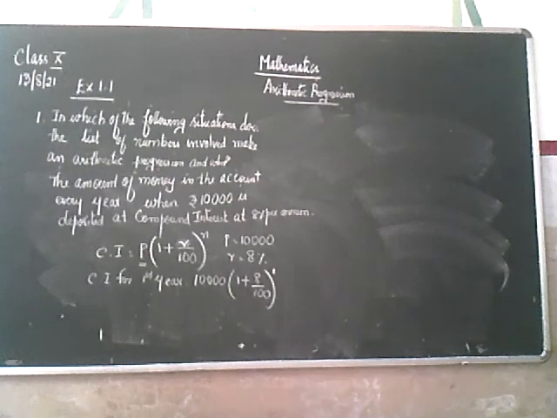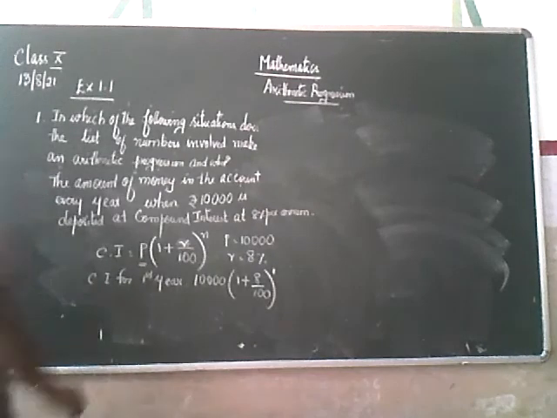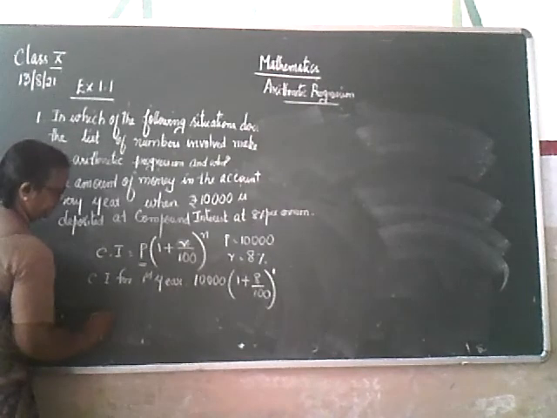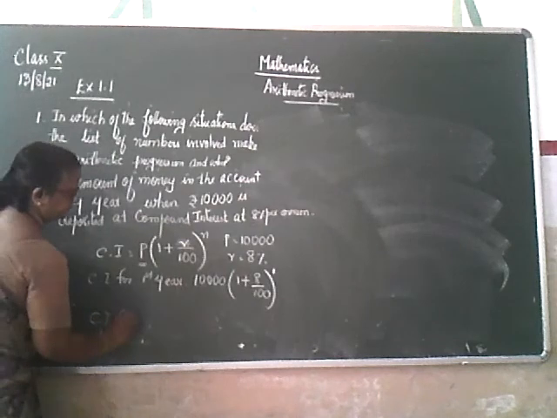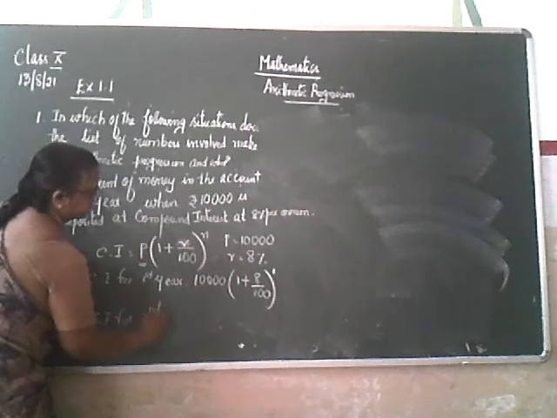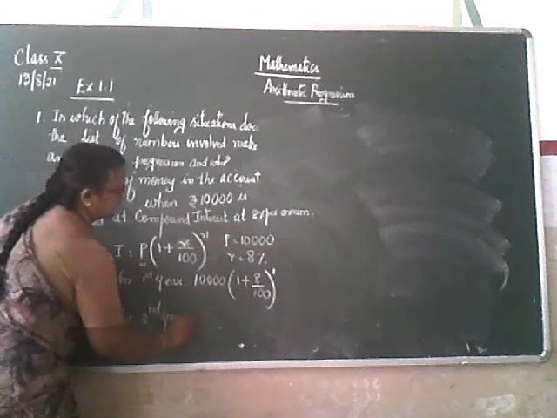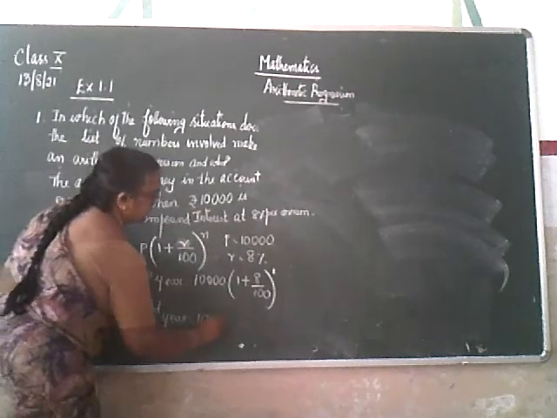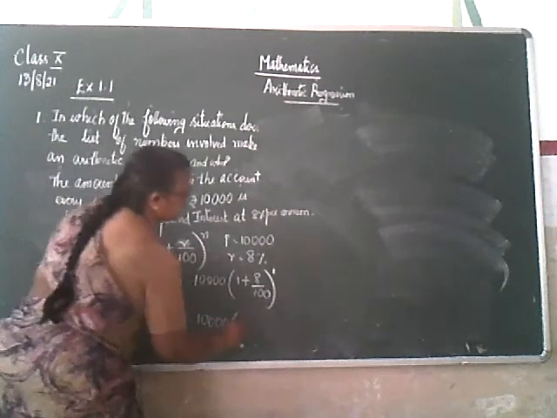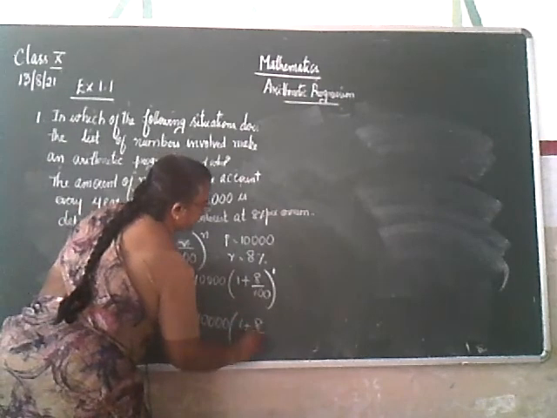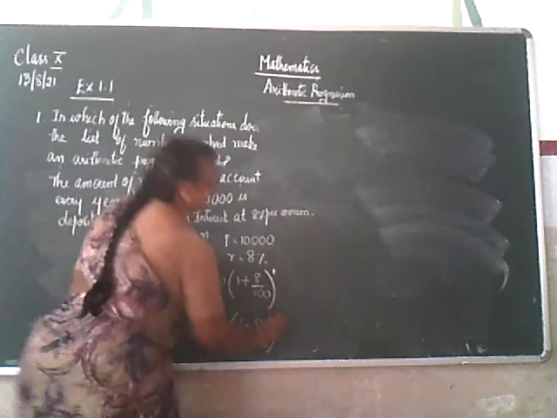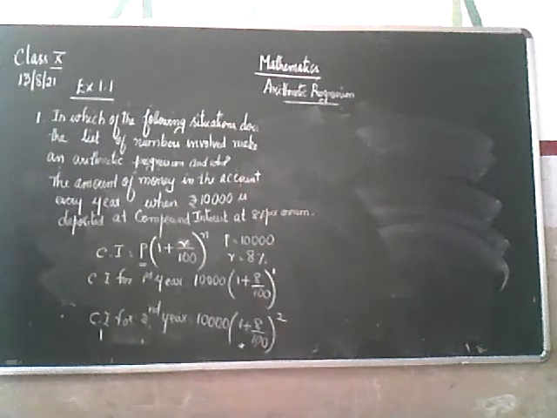Then in the second year, it is 10,000 into 1 plus 8 by 100, the whole square. Second year it is. Okay.